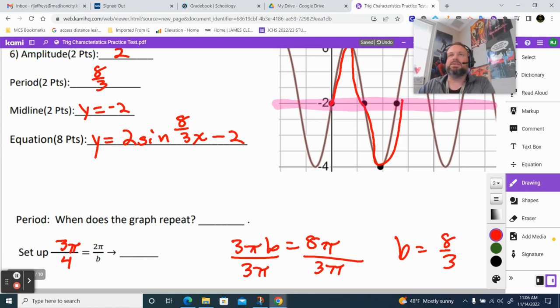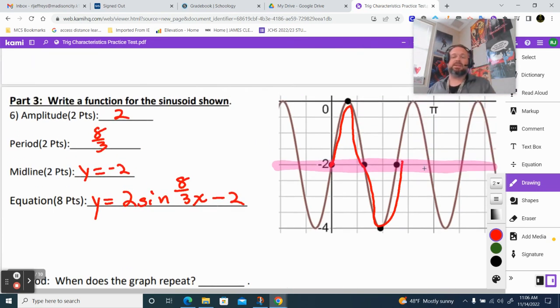Now, all this stuff I'm doing extra, that's what you should be writing on your orange sheet. The setup, the 3 pi over 4? Because I said if this was pi, this would be pi over 2. This was close enough.